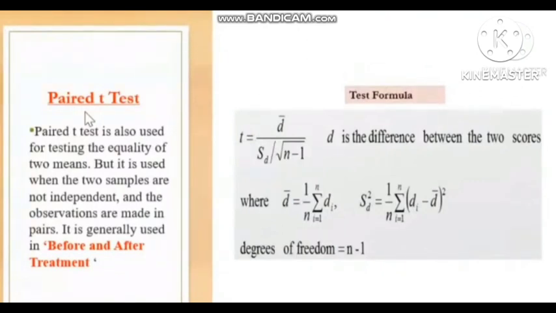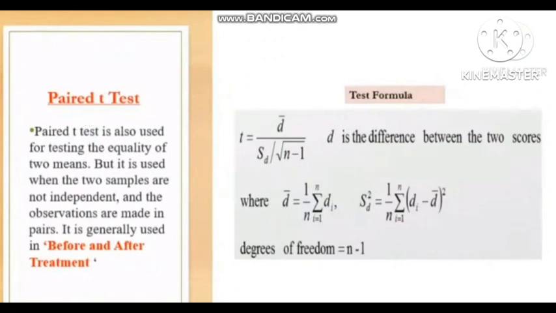Paired T test is used in all those cases where the experiment is done or the observations are taken before treatment and after treatment. That's all. Before treatment, this is the measurement. After treatment, this is the measurement.